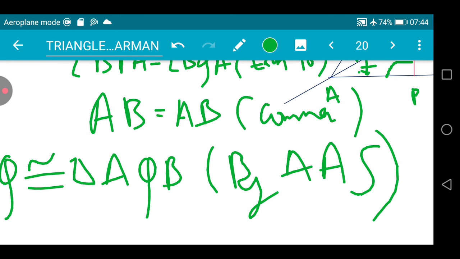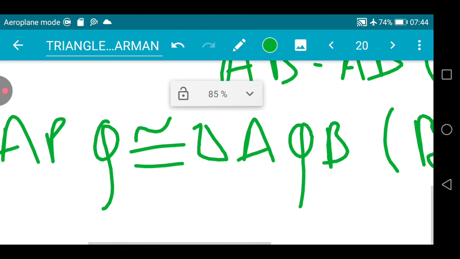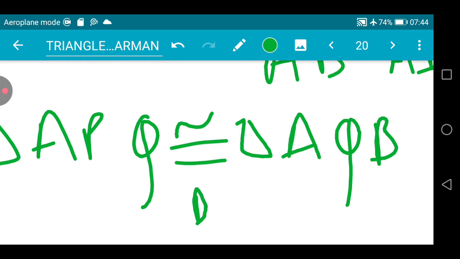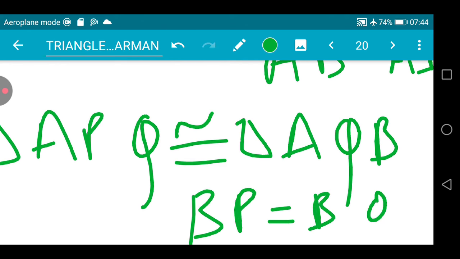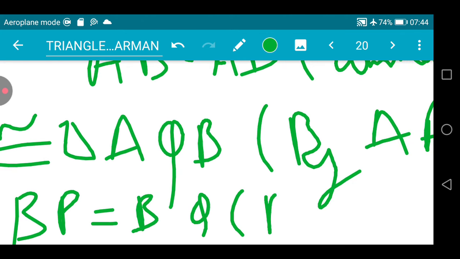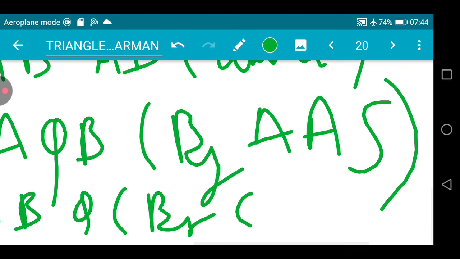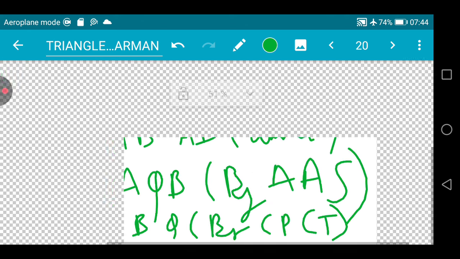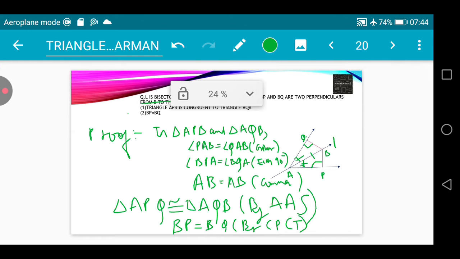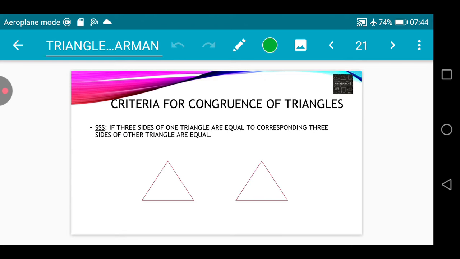So if we have proved this, BP will be equal to BQ by CPCT, corresponding parts of congruent triangles. This we have proved.